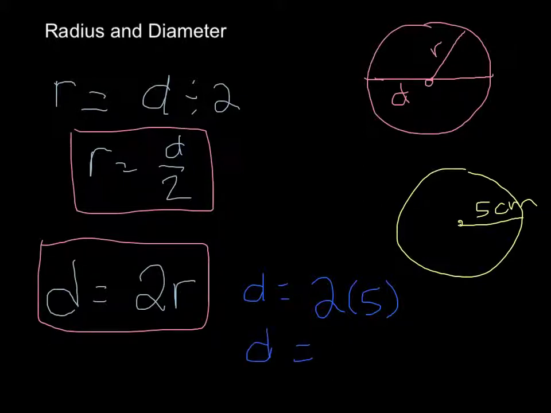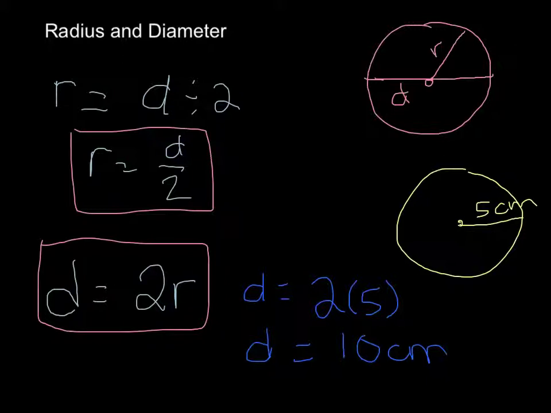If there are multiple steps, which might get a little more complex in next lessons, you would use the order of operations. But this is a pretty straightforward one. The diameter equals 2 multiplied by 5, so the diameter is 10 centimeters, which makes sense because we know that the diameter is twice the length of the radius. If half of it is 5, the other half will be 5, so the total length will be 10.